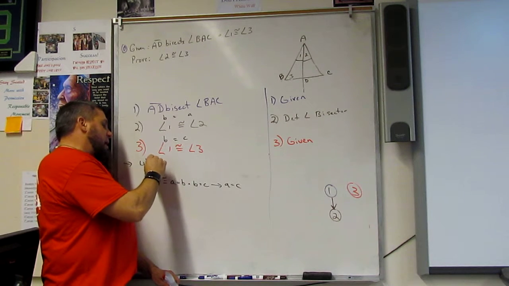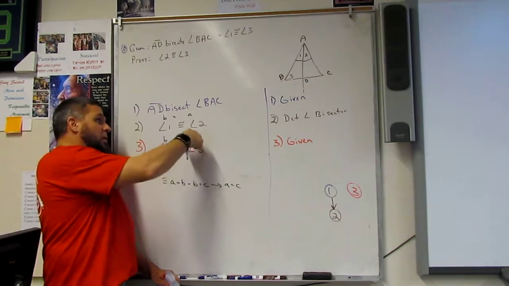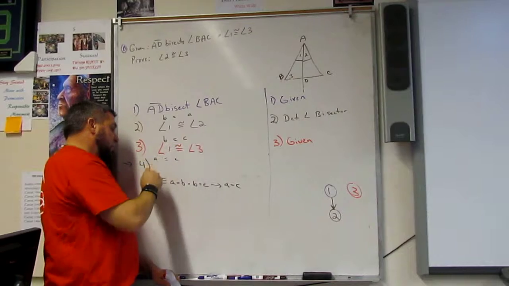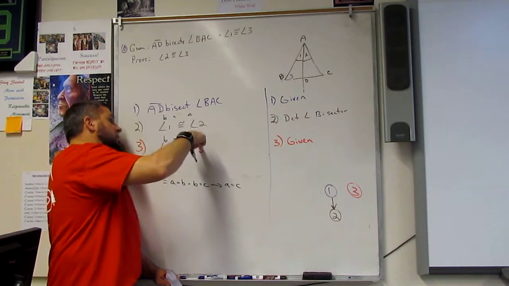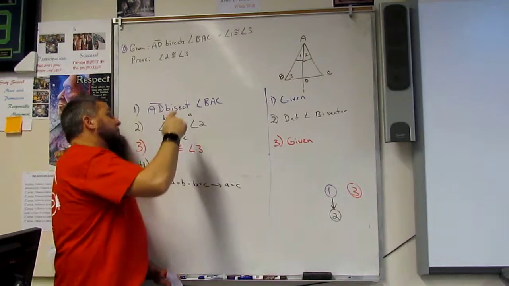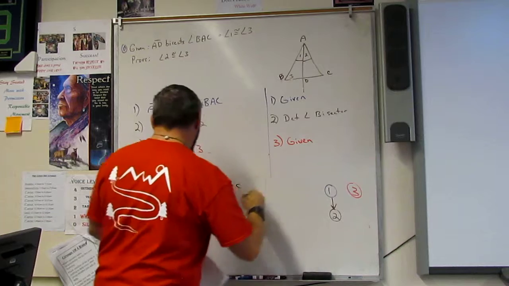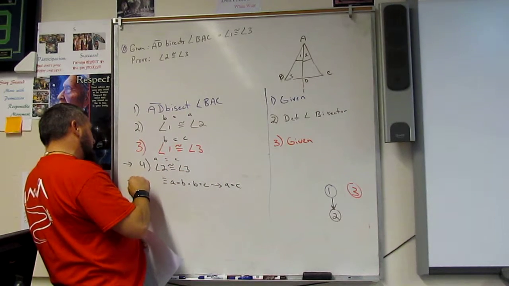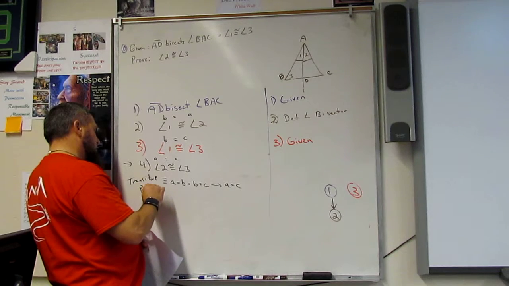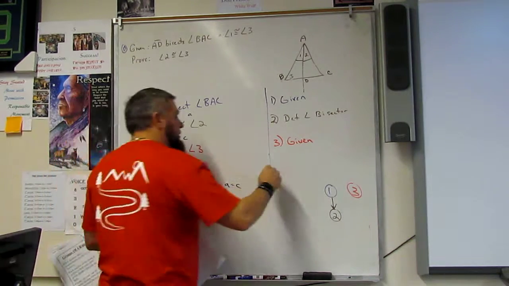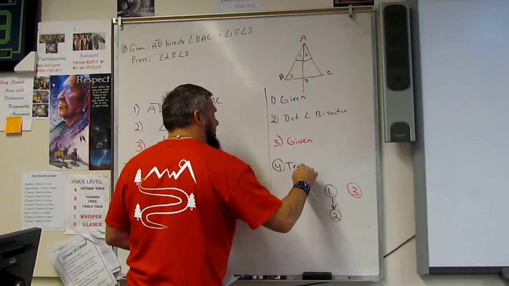Then A, right, is equal to C, or in other words, angle 2 is congruent to angle 3. And what did we use there? The transitive property. Okay? So, step 4, we use the transitive property.